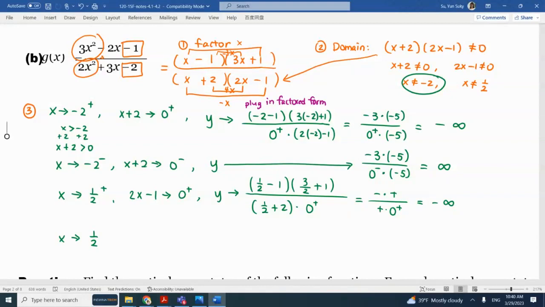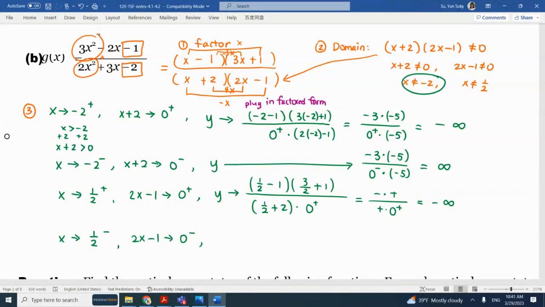Yes. So we let x approach 1/2 from the right. So now we let x approach 1/2 from the left. Okay. And how would this change? Do you see this part is very similar to this part? So we just change one little thing. So we keep going, and this, what do we write? 2x minus 1 goes to 0 negative.